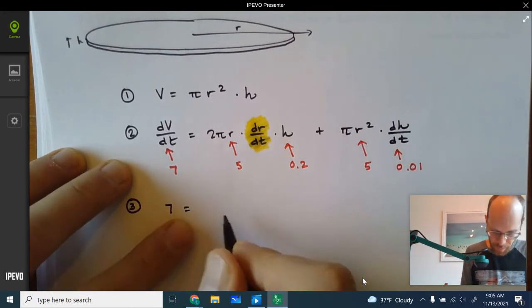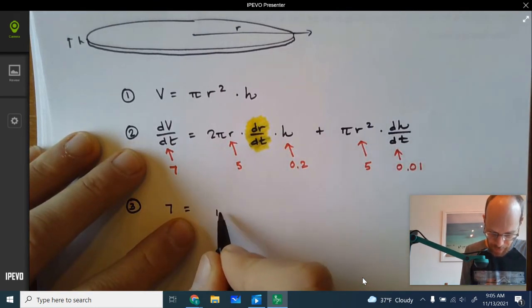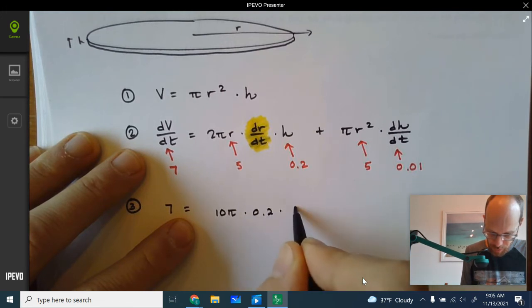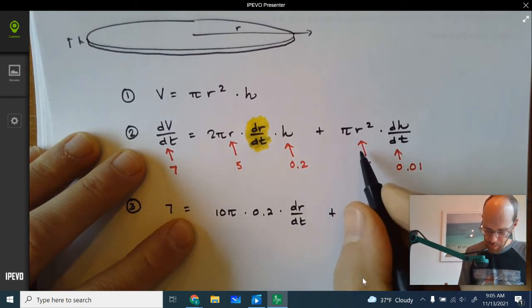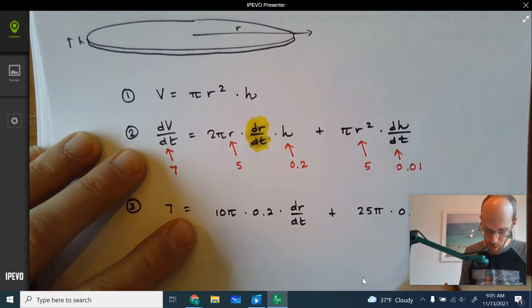7 is equal to, I'll multiply that together, that would be 2 times pi times 5. That's 10 pi times 0.2 times dr/dt, plus, this would be 5 squared is 25, so 25 pi times 0.01.